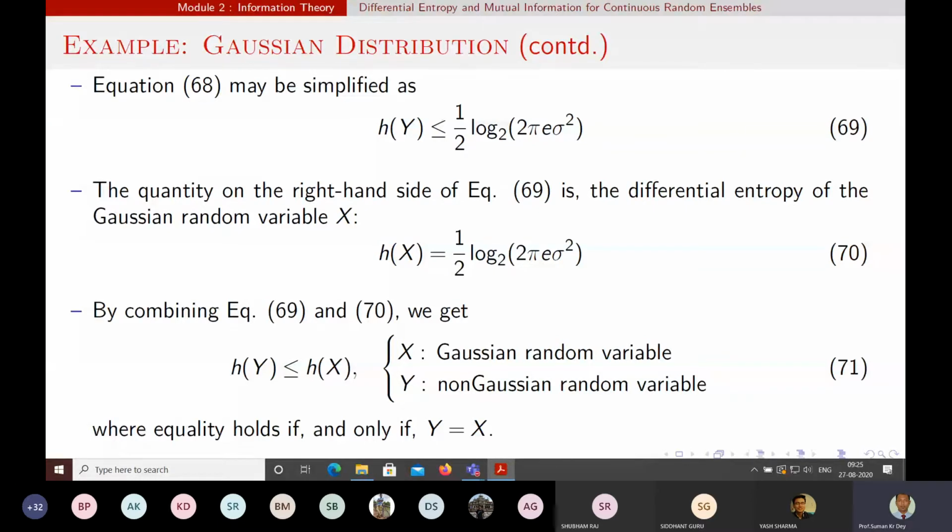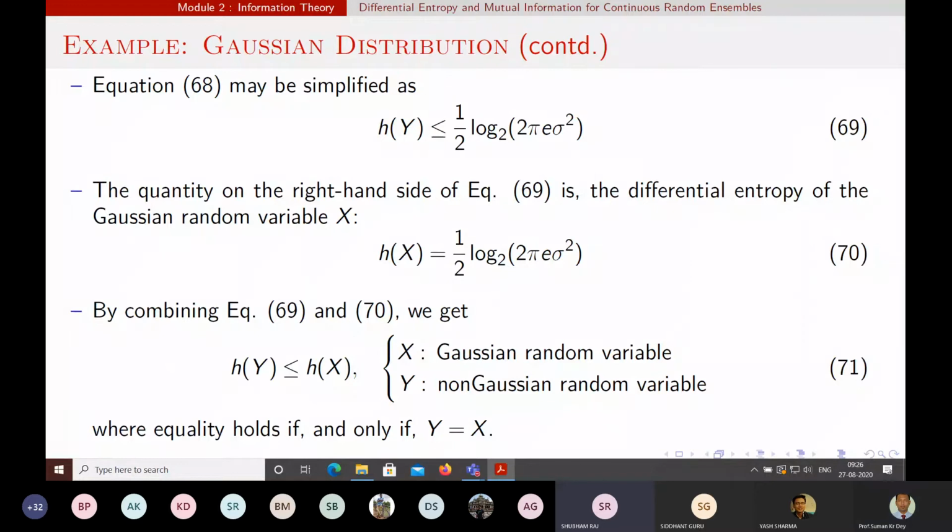If we replace y with x, we are doing the differential entropy of x with respect to s, so both will be the same and this equation will become an equality. Are you getting my point?